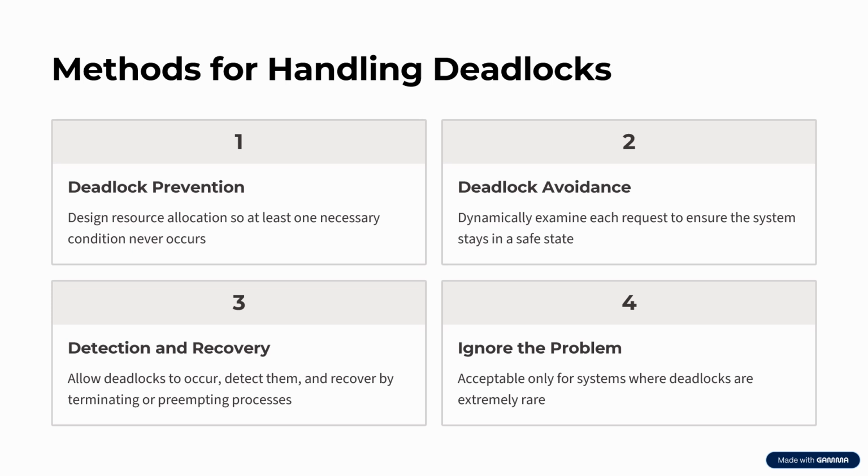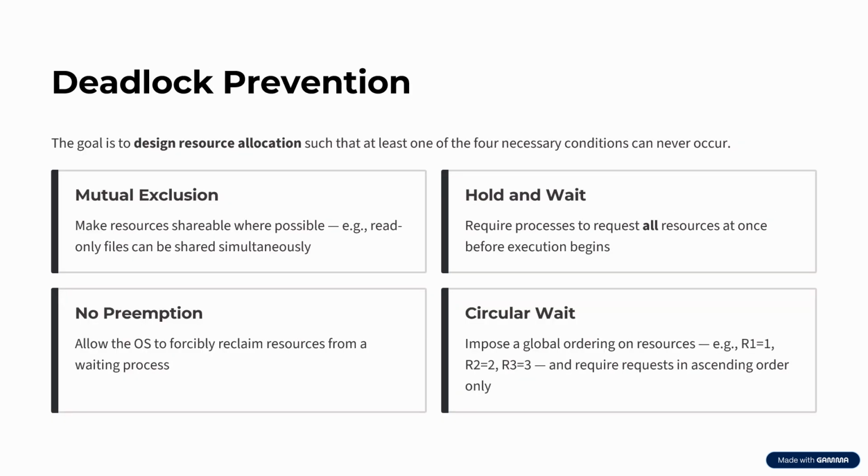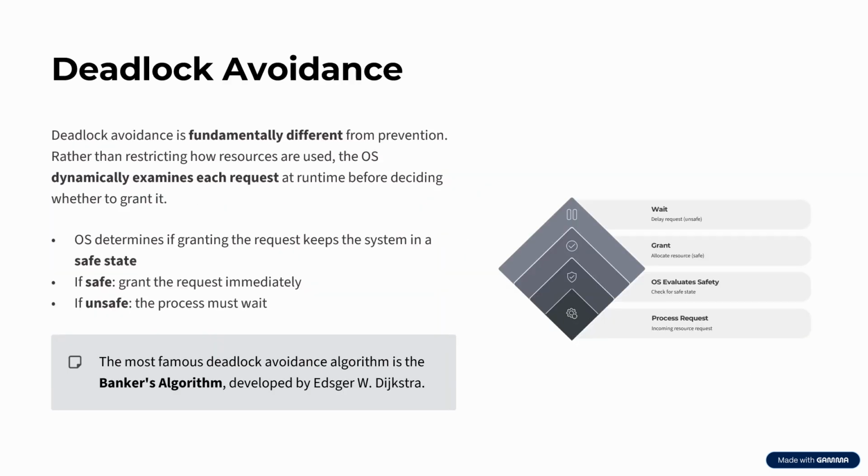In order to prevent deadlock from occurring, the goal is to design resource allocation such that at least one of the four necessary conditions can never occur. That is either mutual exclusion, hold and wait, no preemption, or circular wait. Deadlock avoidance is fundamentally different from prevention.